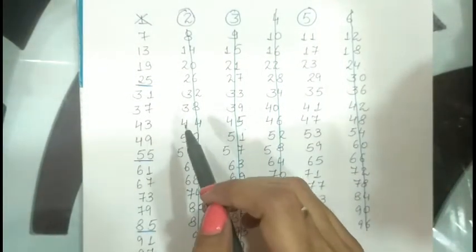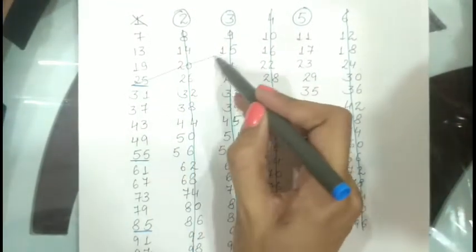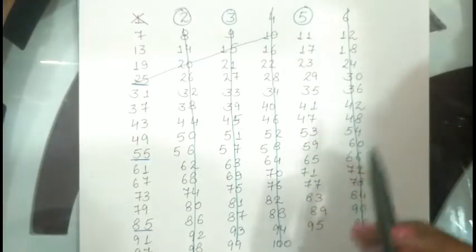Now start observing diagonally. Wherever there is a number ending with 5: 25, 20, 15, 10. All of these appear in the table of 5. Means these are also composite numbers. Start cutting diagonally now. 55, 50, 45, 40, 35, 30.